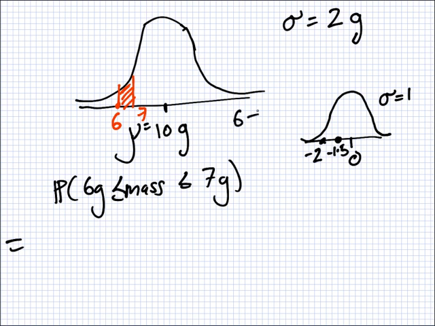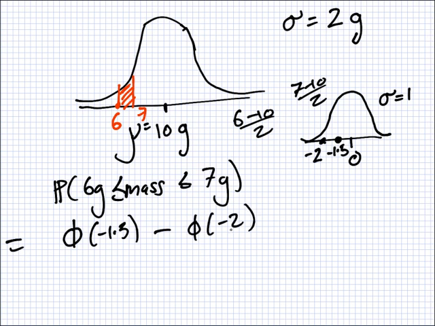Use the formula. 6 minus 10 over 2 and 7 minus 10 over 2. So this is equal to minus 2 and minus 1.5. And then you know the story now.